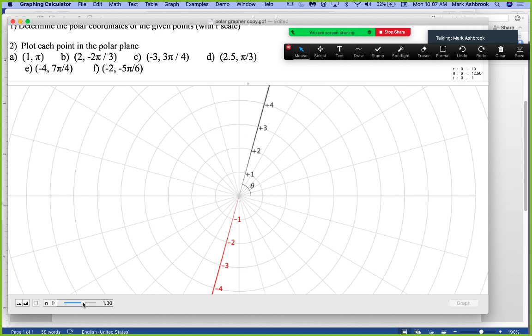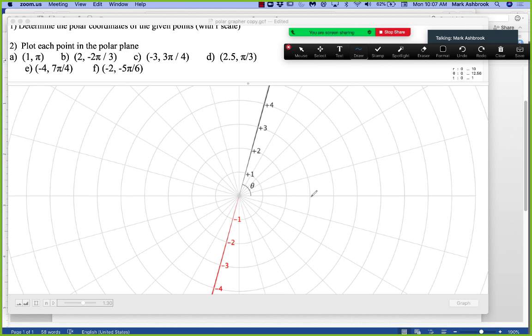So here's 1.3 radians. That means on any circle you pick, say just pick this circle right here, this is your radius length. It's going to take 1.3 of those to get to that ray along the arc.